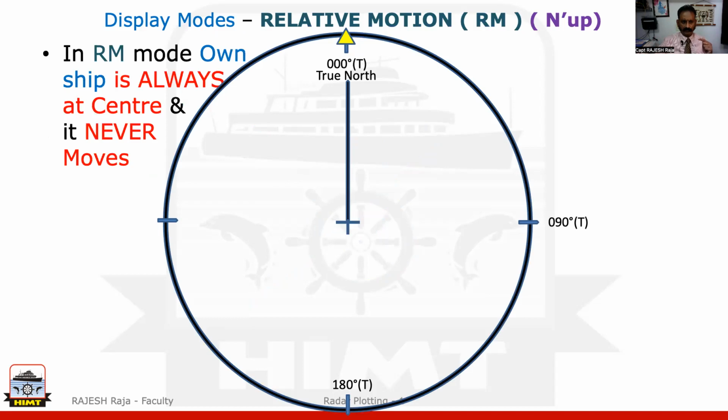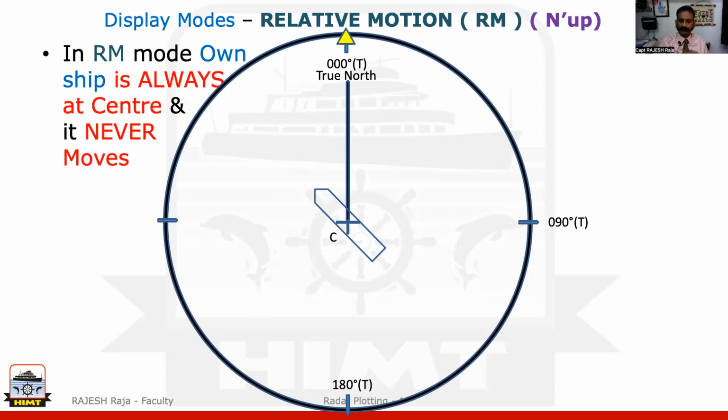It means that my own ship will always be locked at the center and it will never move. So this is my position always in the full plotting of relative motion. It doesn't matter what heading your vessel is, this is only an example. This is very similar to your wind triangle. You are always at the center.